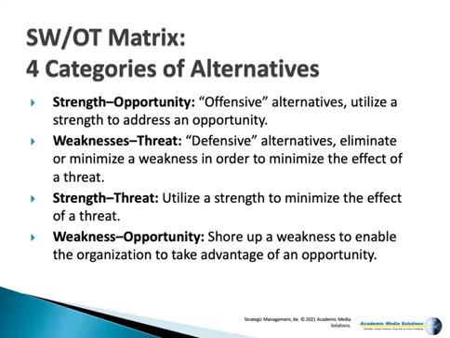Now, you can also combine a strength and a threat, where you utilize a strength to minimize the effect of a threat, and you can also combine a weakness and opportunity. And here you shore up a weakness in order for your firm to take advantage of an opportunity. Now, the strength-threat combinations and the weakness-opportunity combinations can be either offensive or defensive. Again, these are categories to help us think about alternatives. It's not that you try to come up with alternatives that fit in each particular category.